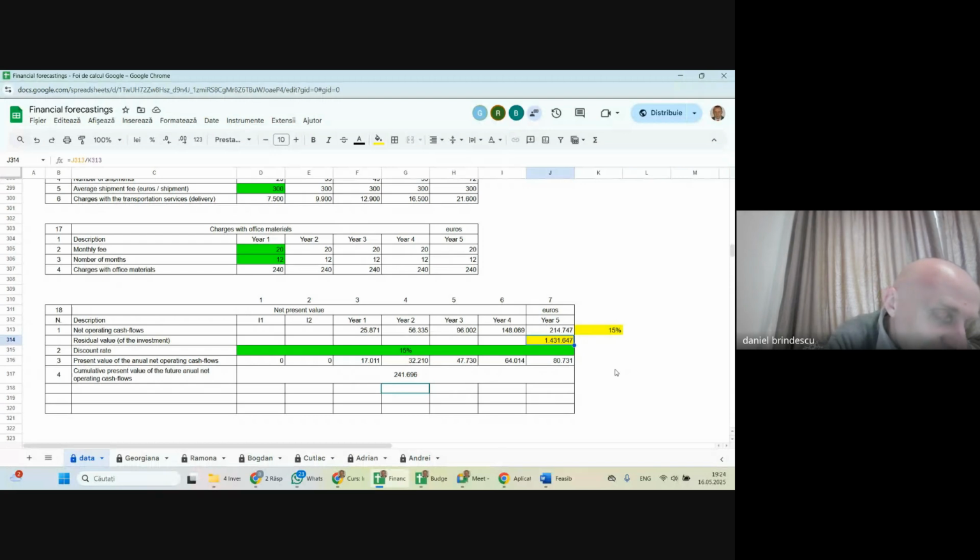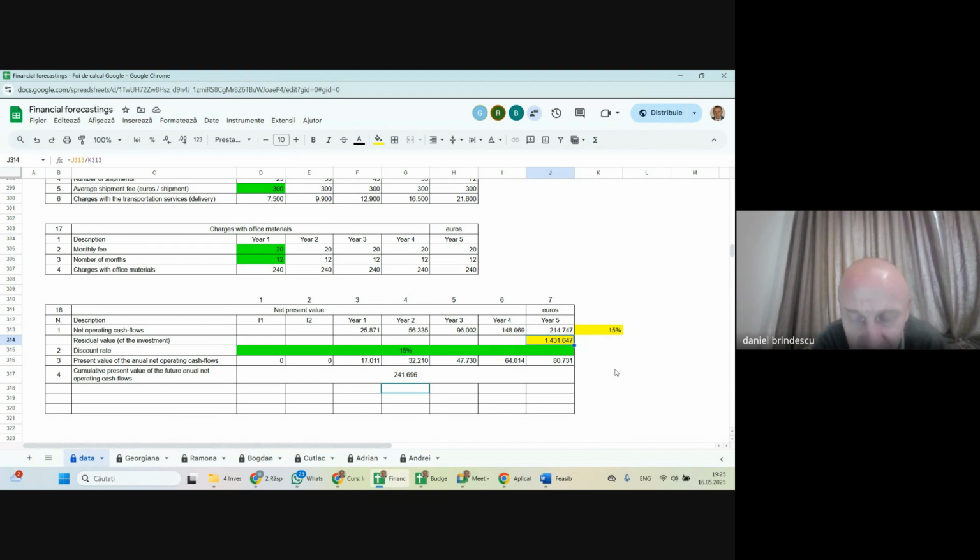But if I had a choice, I would use a method that's maybe more pessimistic, maybe more realistic. Even though it's not so widespread, it is being used in Romania. I believe it's less used overseas.